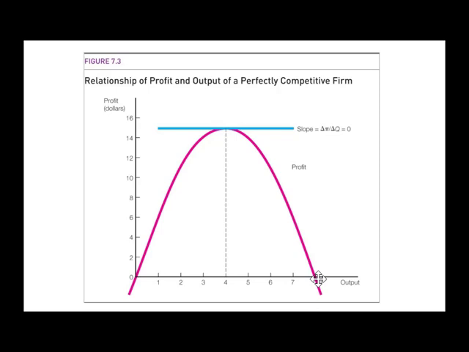So when the output is 8, total profit, the red curve on this page, equals 0, and the maximum or the peak of the profit is reached when Q equals 4. And you can see that at the top, along the blue curve, the slope at the maximum equals 0, which is expressed as delta pi over delta Q, change in profit over change in quantity of output.